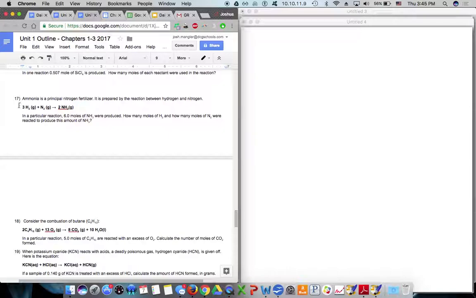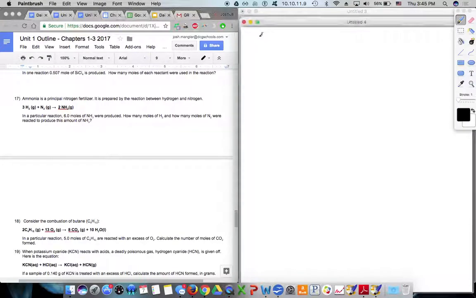So we need to be able to produce it, and it's produced through this process of reacting hydrogen and nitrogen gas to make it. So if we have this reaction here and 6 moles of ammonia produced, we can figure out how many moles of each of them were used to produce that much ammonia.